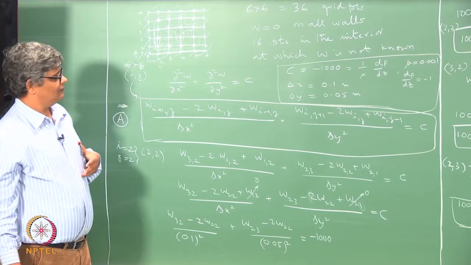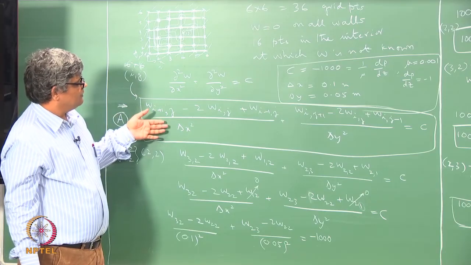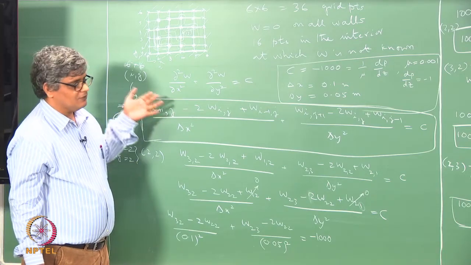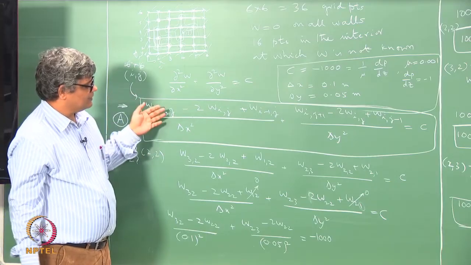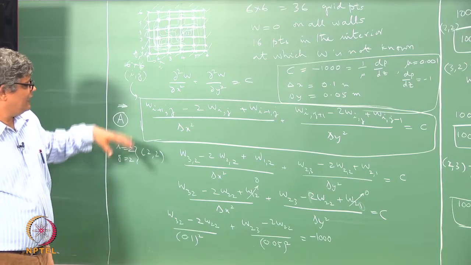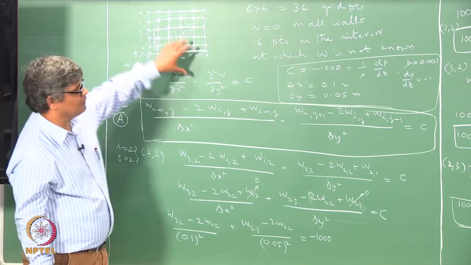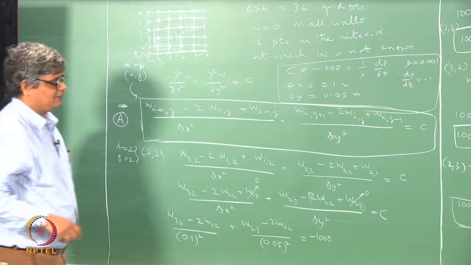And once we develop this template, we see that this template will work only for that point, and that point alone is not sufficient. We will have some neighboring points for this type of equations, and we have to put the template at every point, and then we will get a set of equations.